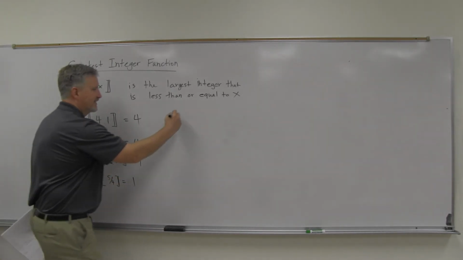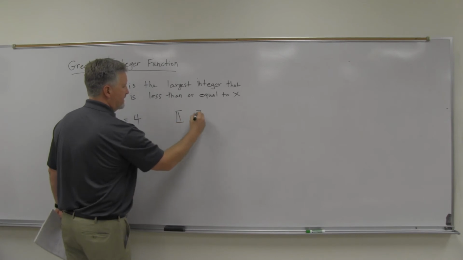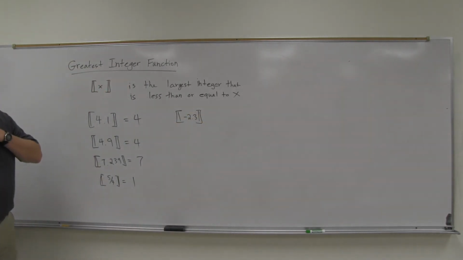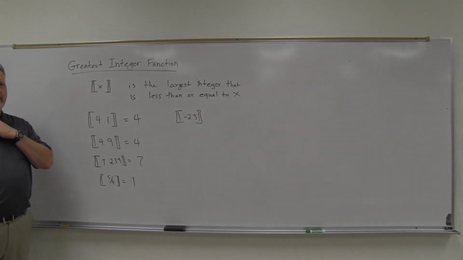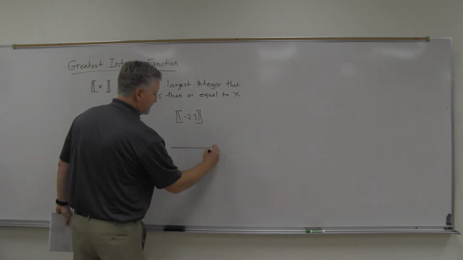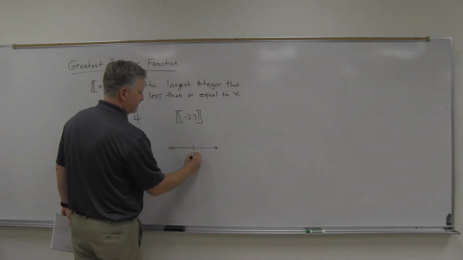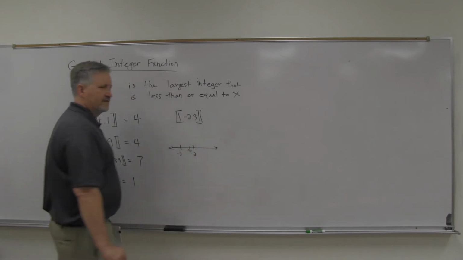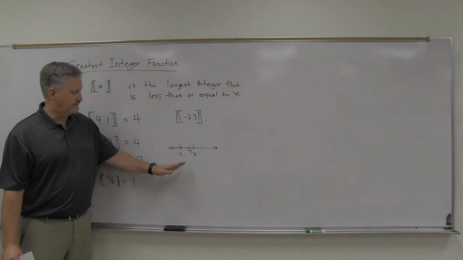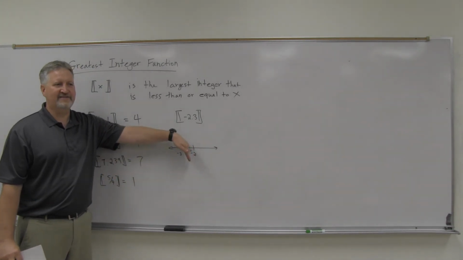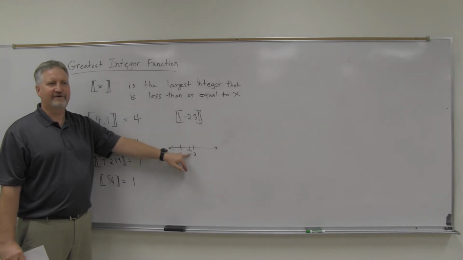All right, now it gets a little tricky. You got to be careful on the negative side. If you want the greatest integer of negative 2.3, the answer is not negative 2. Why not? Think about the number line here. Here's negative 2, here's negative 3. Negative 2.3 is somewhere in between that. So why is it not negative 2? Well, negative 2 is on the greater than side of negative 2.3.